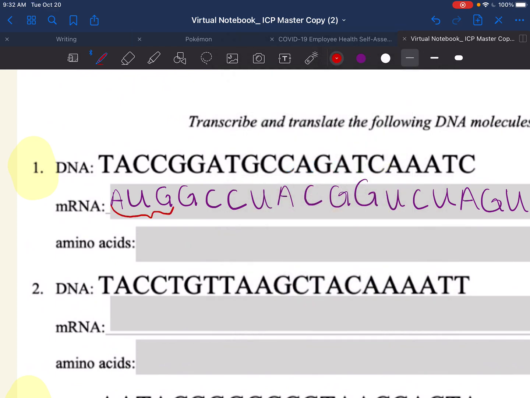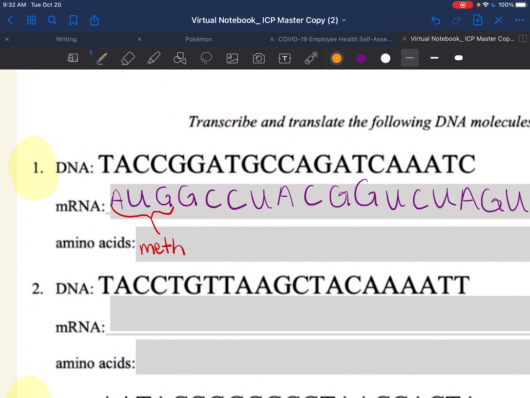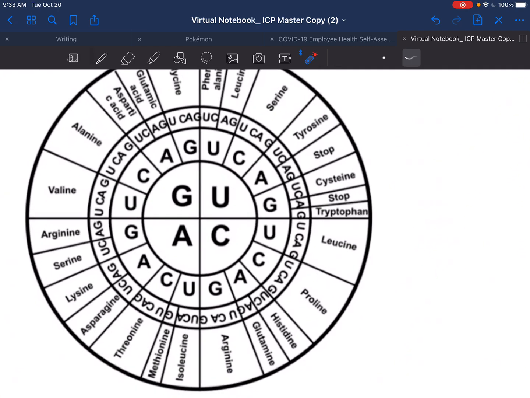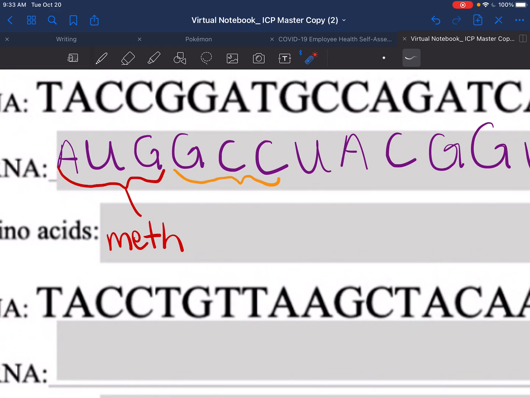I'm going to turn this one into methionine. I'm going to write meth. I know that's weird, just abbreviating it. Then I'm going to look for GCC. How can we turn that messenger RNA into an amino acid? Let's look up GCC. Alanine. My next amino acid is alanine.